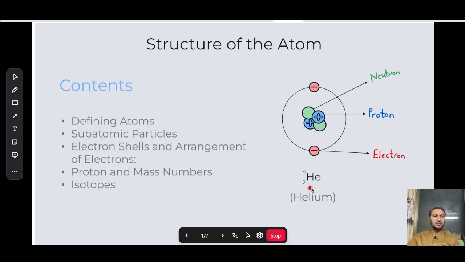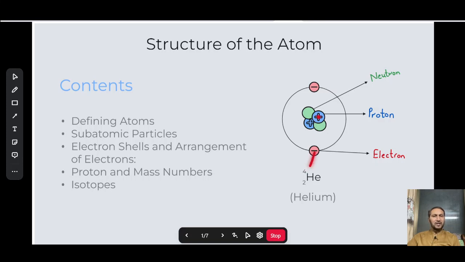It means proton number 2 means that helium has 2 protons and these 2 protons are present in the nucleus, while 2 neutrons are also there in the nucleus. So, 2 plus 2 is 4. That is why the mass number of helium is 4, which here it is written.